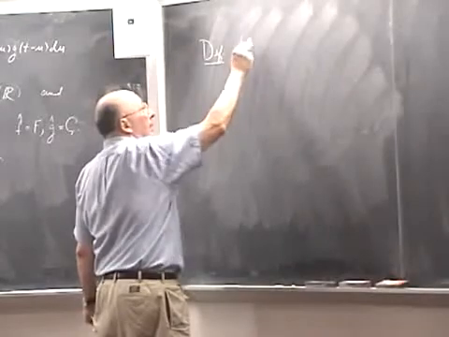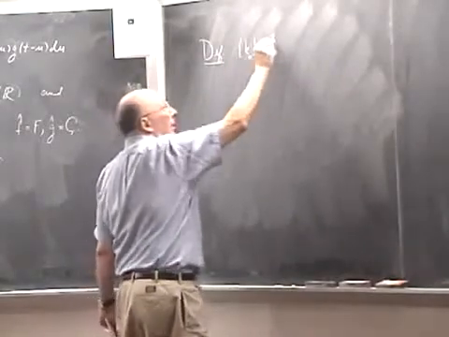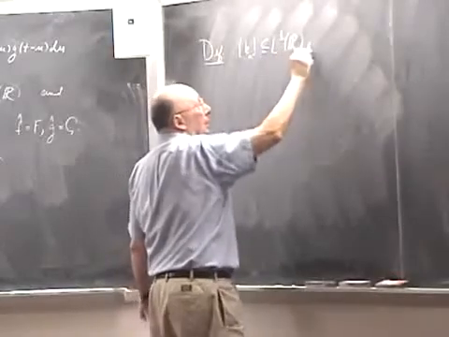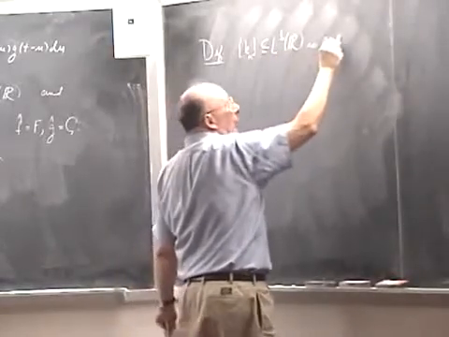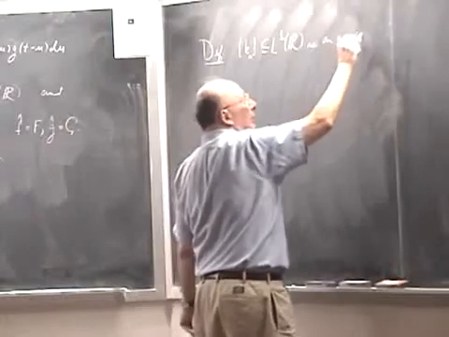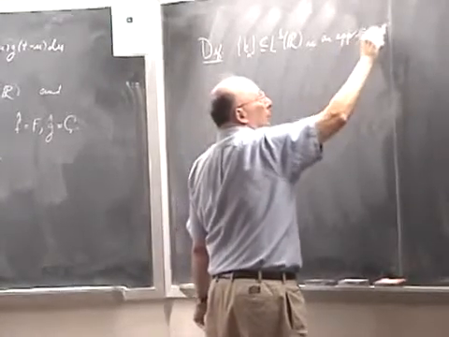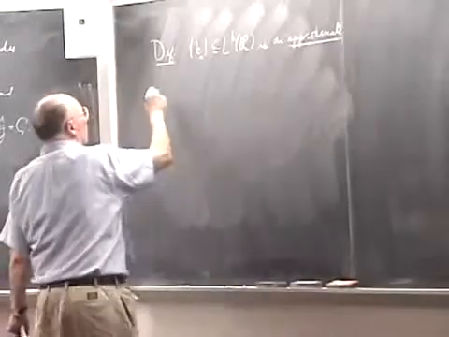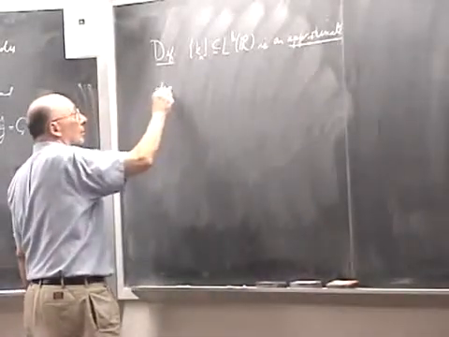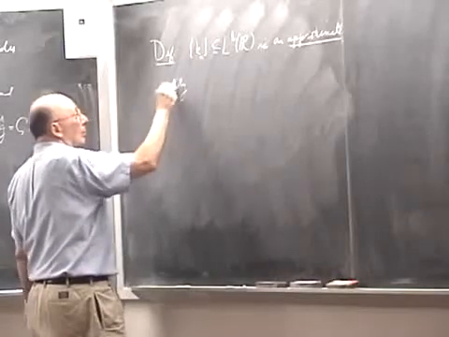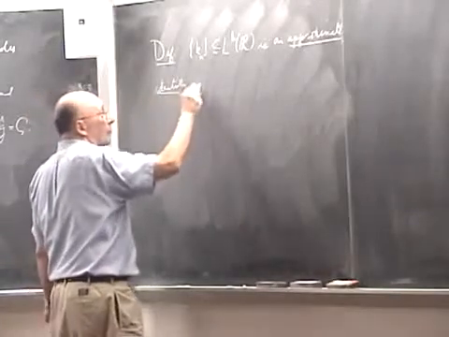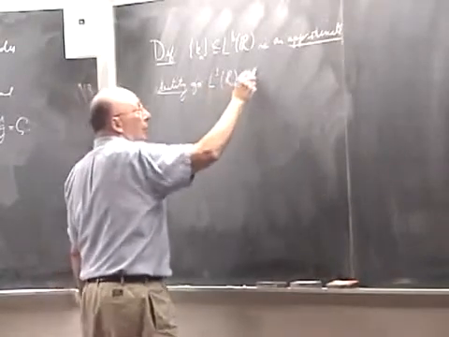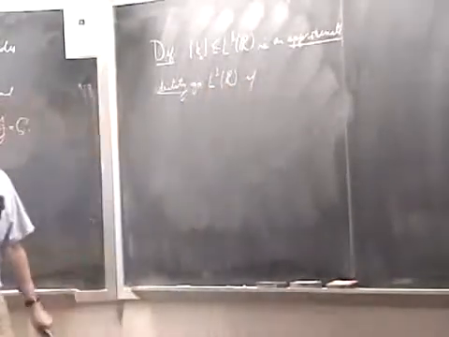K_n in L1 of R is an approximate identity for L1 if the following conditions hold.